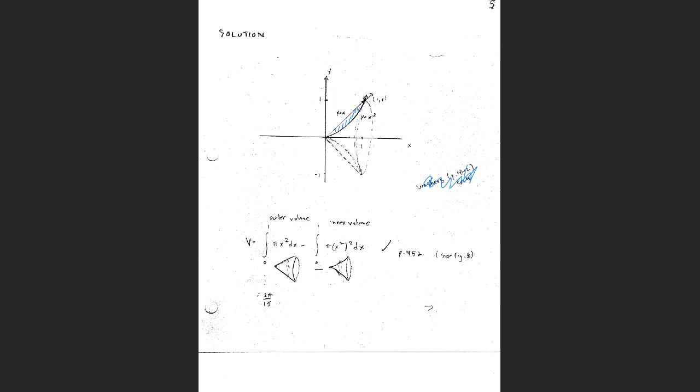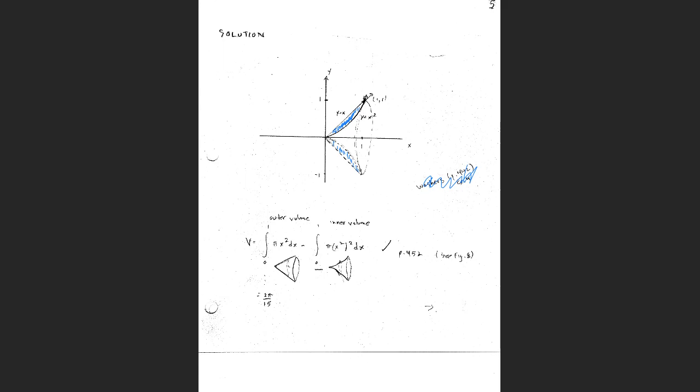And if you rotate that about the x-axis, you're going to get an interesting kind of volume. You're rotating this region about the x-axis, and it generates a volume. The volume is basically a difference.